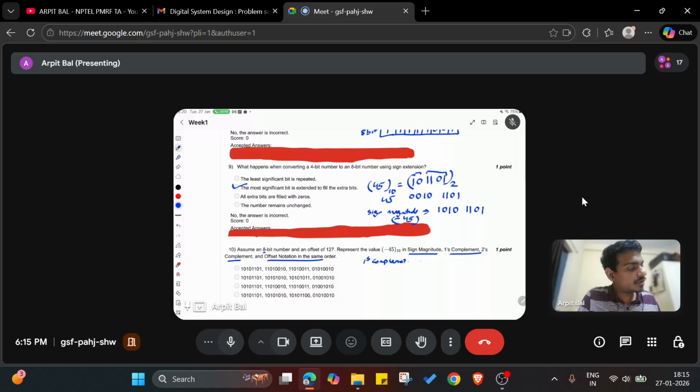So I'll be inverting these bits. I'll have 11010010. This is my 1's complement representation. Now coming to the 2's complement representation, I just need to add plus 1 to the 1's complement representation and I'll have my 2's complement representation.